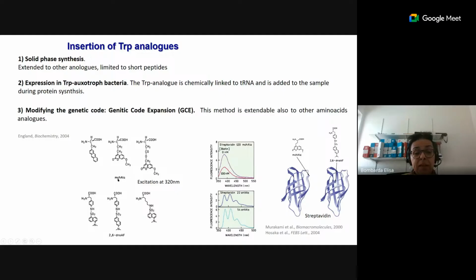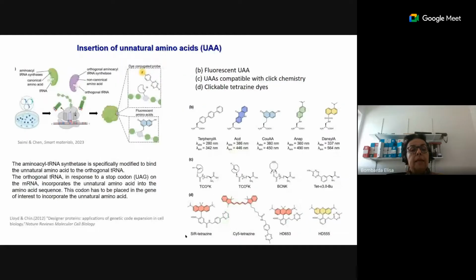And as you may expect for this conjugated system, the side chain in this modification gets fluorescent, as shown here. Okay, and so yes, we see how it can be done with this modification of the genetic code.